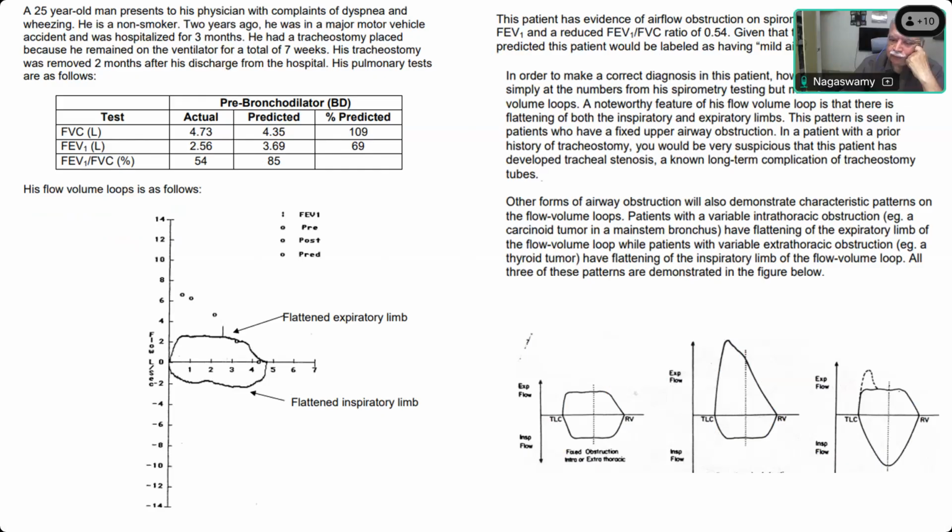When you say there is a fixed obstruction, what could be the other variants?